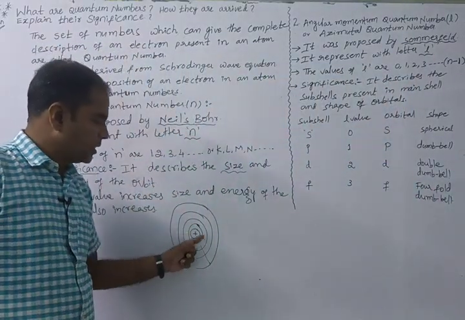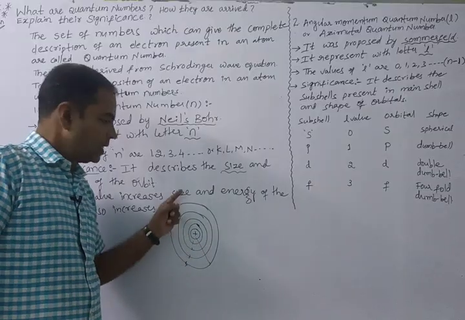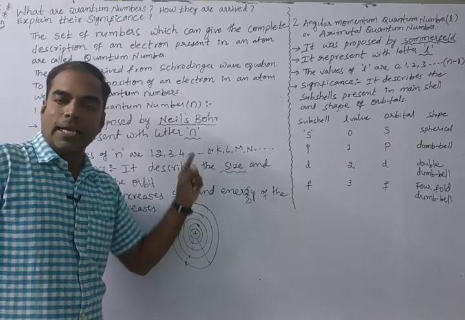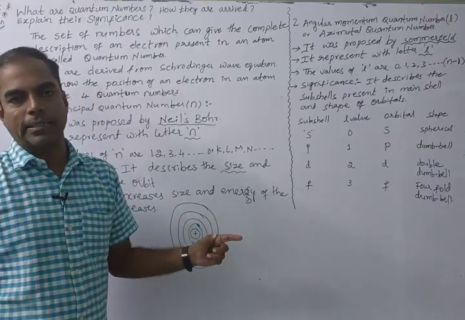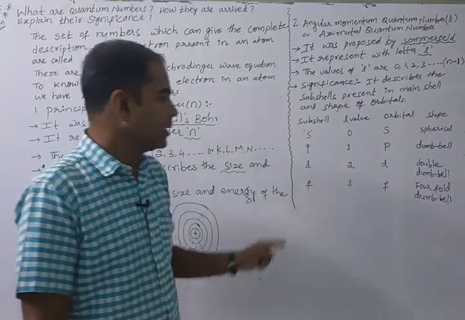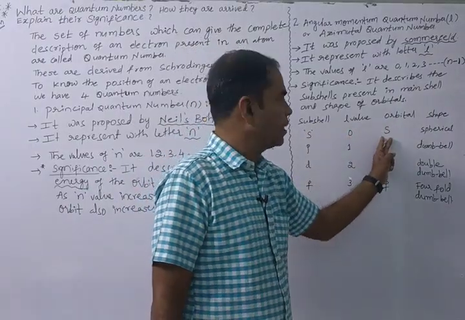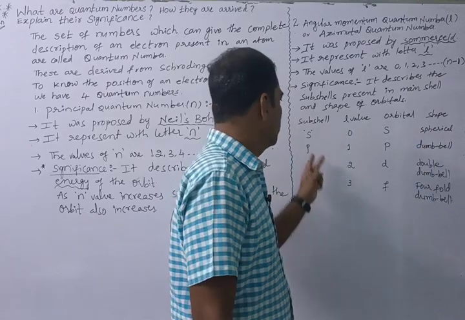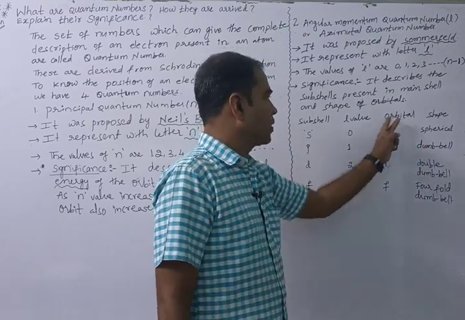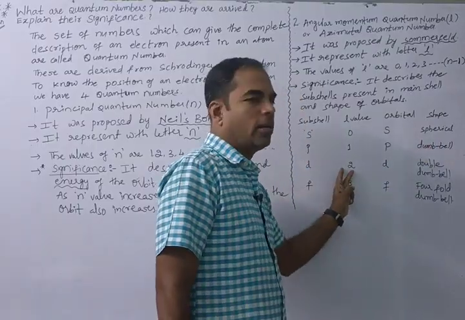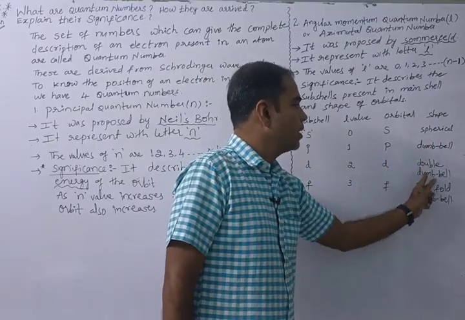So these are the orbits. In that orbit there are subshells, and in those subshells orbitals are present. S subshell, l value 0, S orbital, spherical shape. P subshell, l value 1, P orbital, dumbbell. D subshell, l value 2, D orbital, double dumbbell shape.